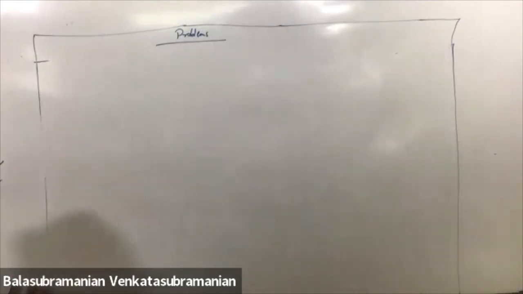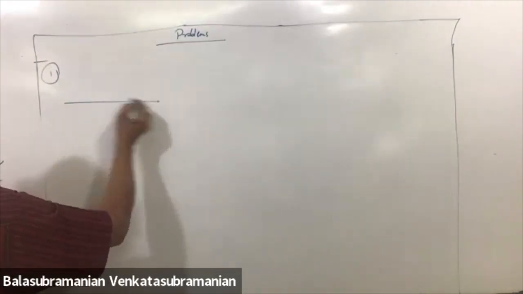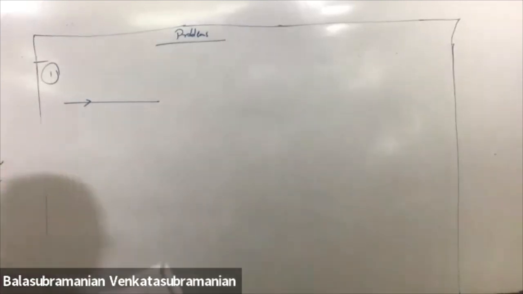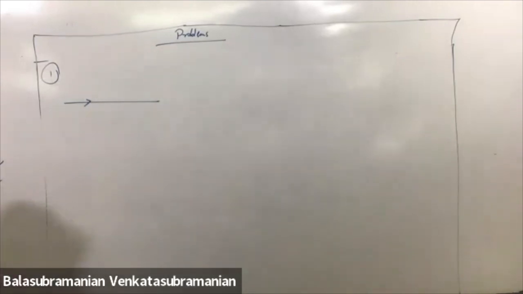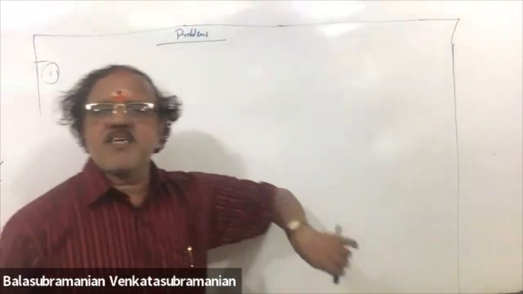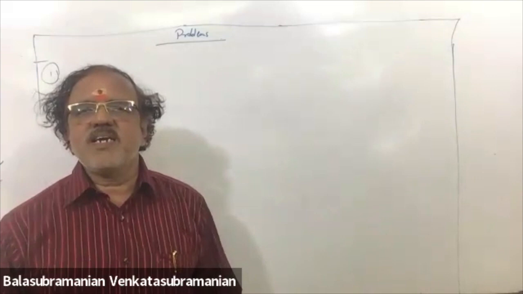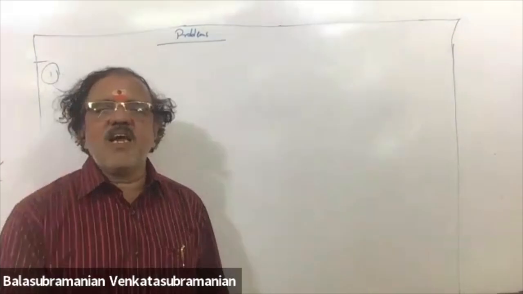Find the magnetic field in the horizontal plane at a distance of 10 centimeter north, and 20 centimeter south from the wire. Calculate the magnetic field. It is an infinitely long wire only, but they have given the vertical and horizontal.